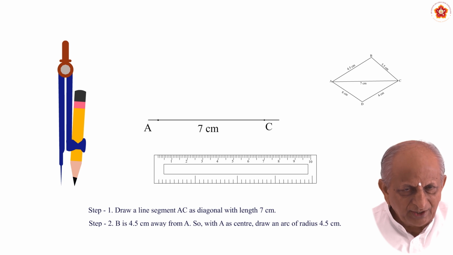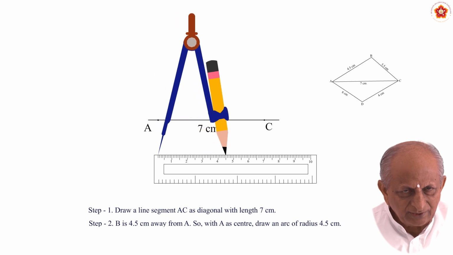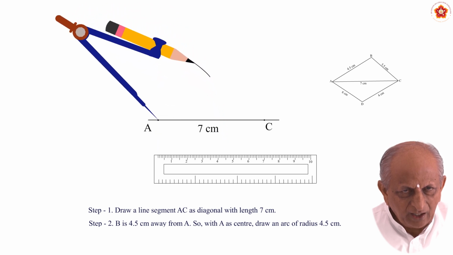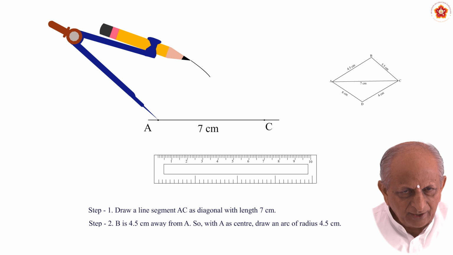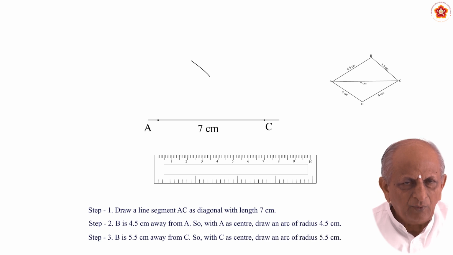Now let us locate the point called B, which is 4.5 centimeters away from A. So with A as center, draw an arc of radius 4.5. Come on, take a compass, stretch it in the scale and draw an arc of radius 4.5 centimeters. Done? Okay, third step. With B, as the B is about 5.5 centimeters away from C, what you do? Take C as center, draw an arc of radius 5.5.